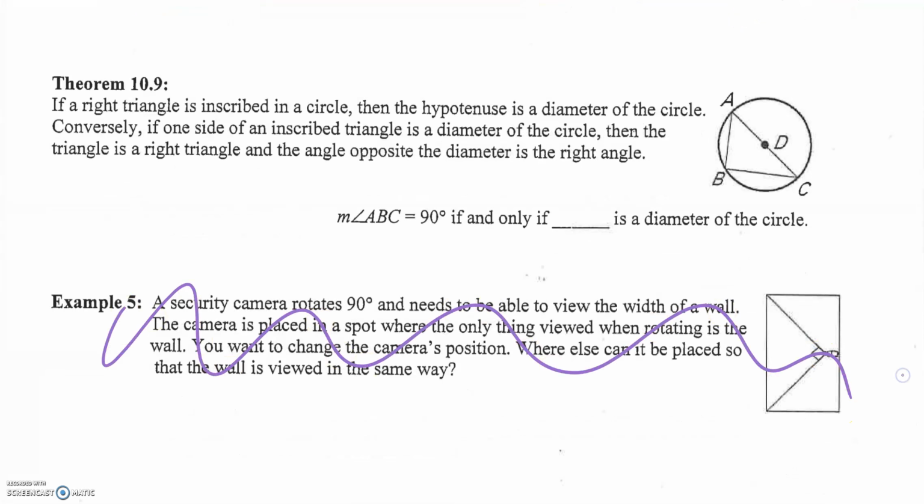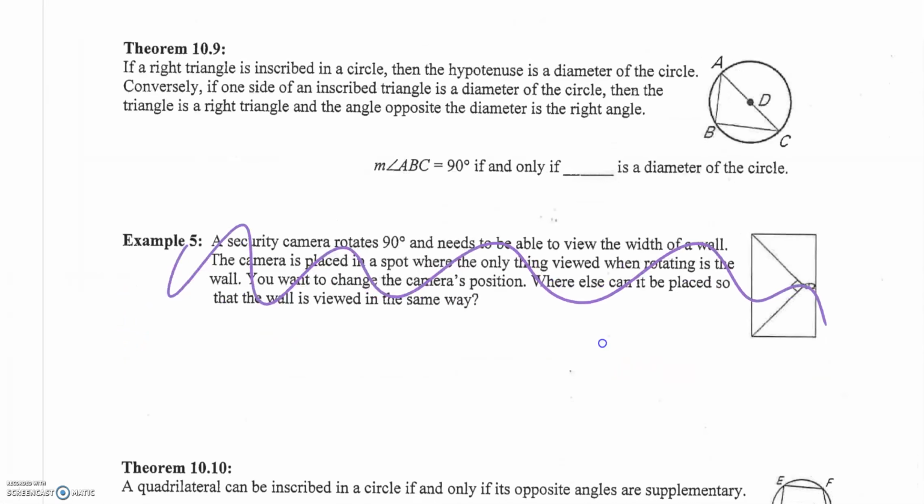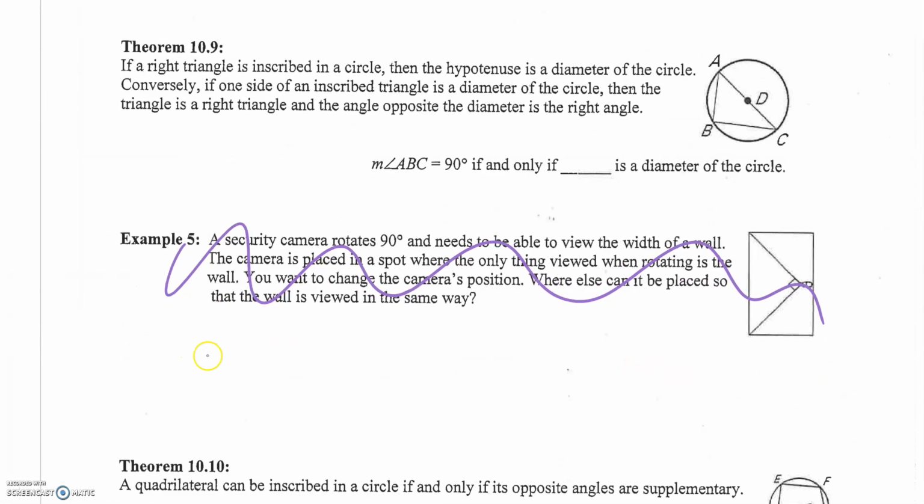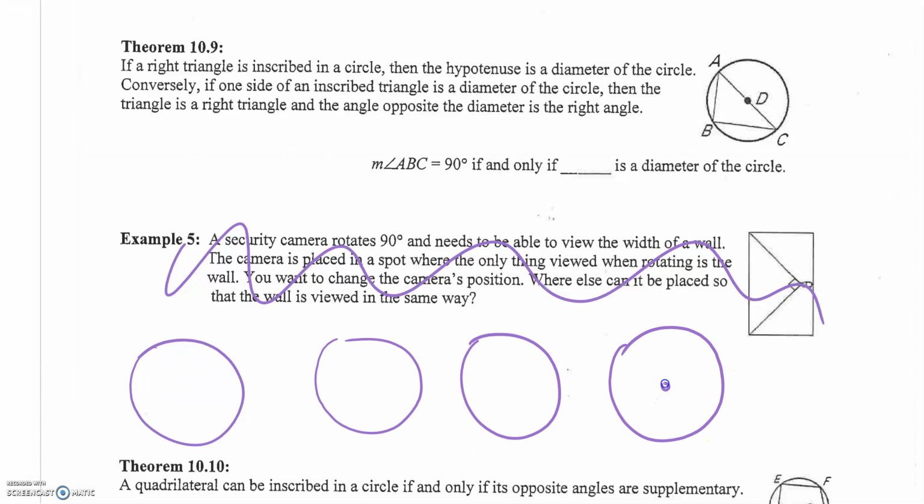We're going to cross that out. The next theorem says that if you have a circle, no matter how you draw the circle, if you draw an angle that is inscribed within the semicircle, so that's half of the circle. So I'll draw one here, I'll draw one here.